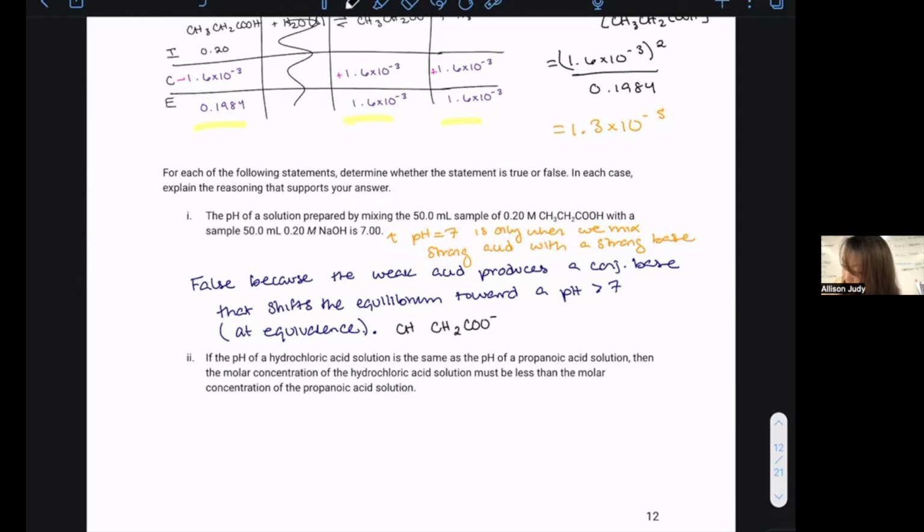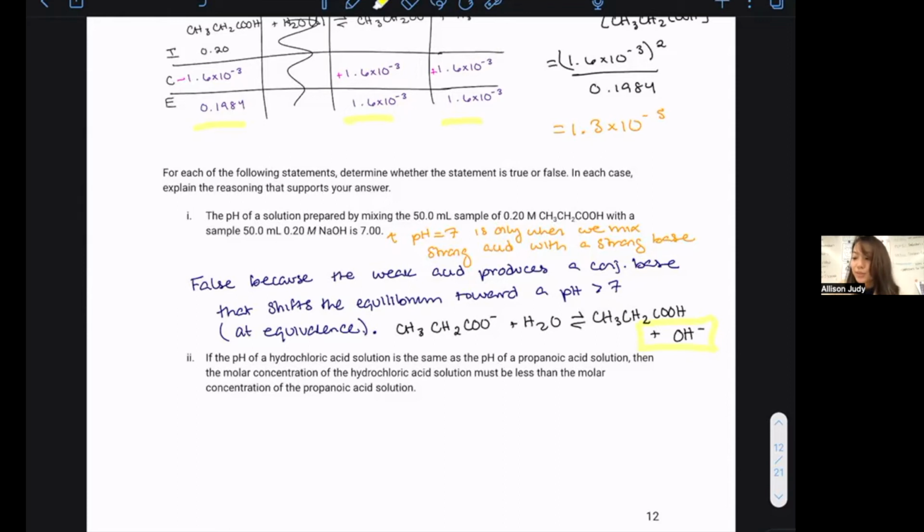An ion plus water has its own equilibrium producing regenerated protonated propanoic acid plus OH minus, which of course is the source of increased base behavior, increased base species present.